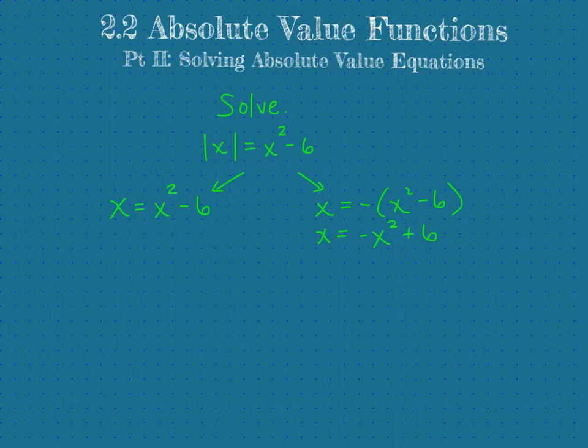Now for solving this, let's take a look at this side and let's solve. When we have a quadratic, we want to keep the quadratic term positive and set it to 0. So I'm going to subtract x on both sides. So we have 0 on this side. We'll have x squared minus x minus 6. Now solving a quadratic, we need to see if it's factorable. Are there two numbers that multiply to negative 6 that add to negative 1?